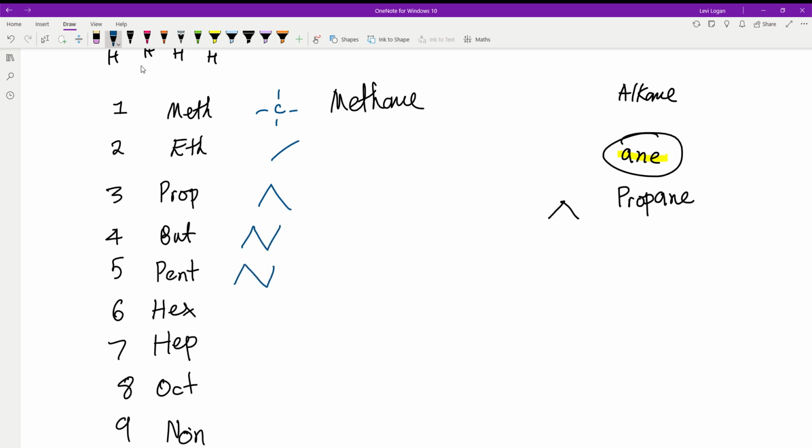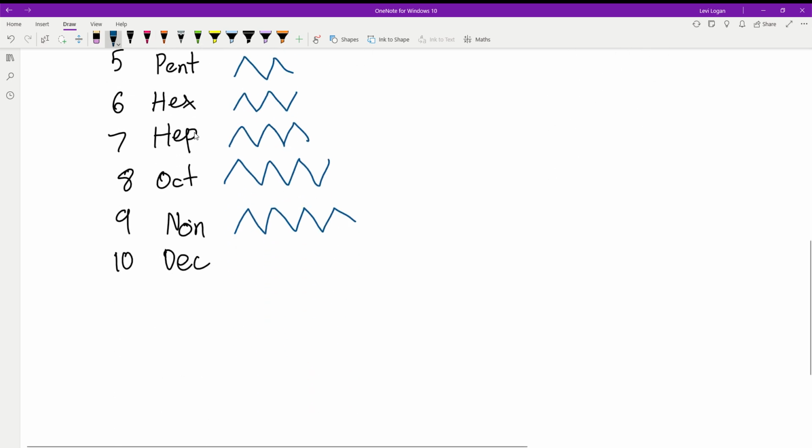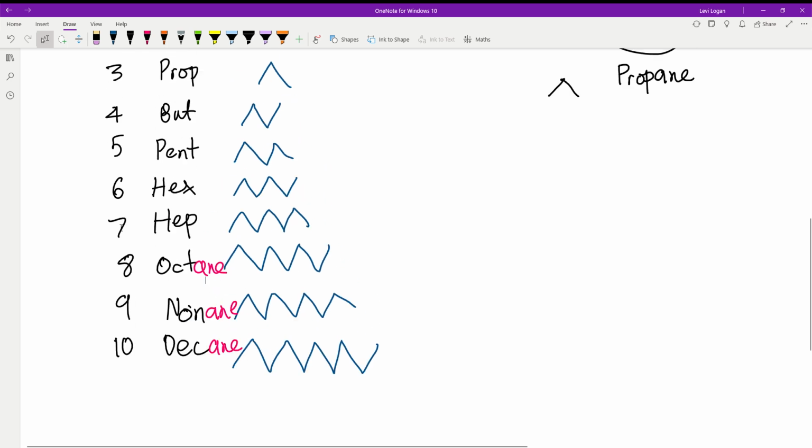Pentyl, 1, 2, 3, 4, 5. Hex, hept, oct, non, and then decane. Here, all of these, because they have single bonds, would have the ane on the back.